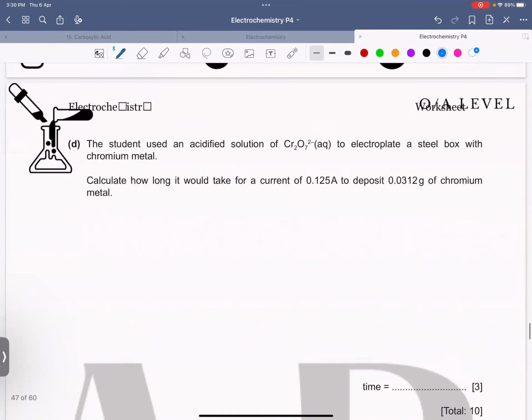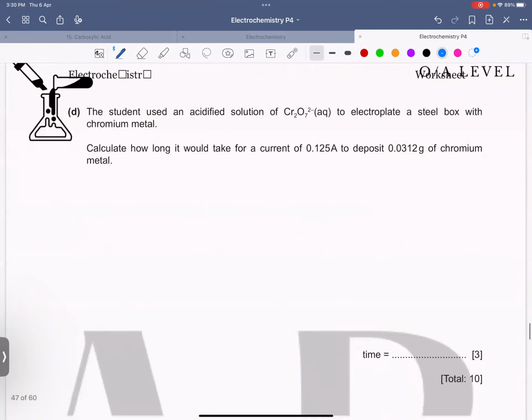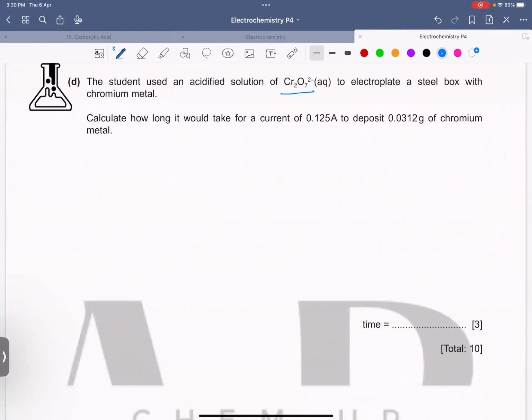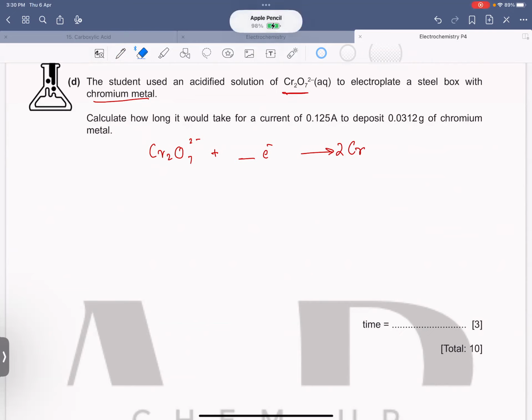If you read this statement, the student used the acidified solution of dichromate to electroplate a steel box with chromium metal. So it means that during the electrolysis, this is gaining some number of electrons and forming chromium metal. And here 2 moles of chromium metal are being formed because there are 2 chromium. So first you have to figure out the number of electrons over here and then do this part. Okay, do it quickly.